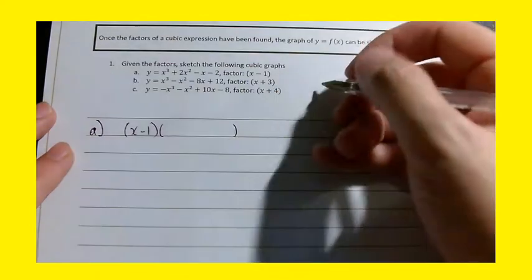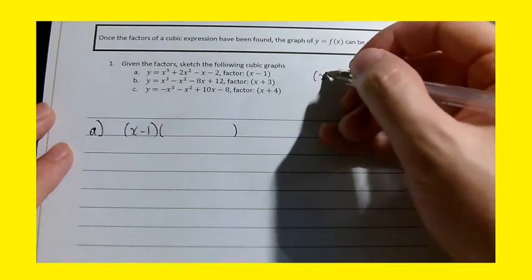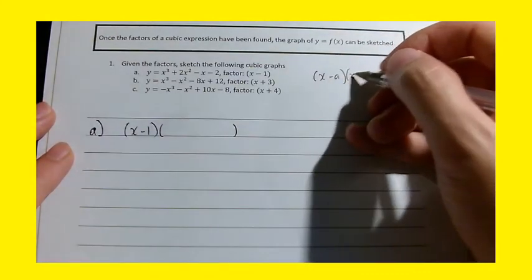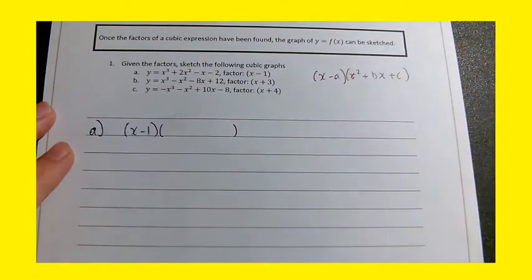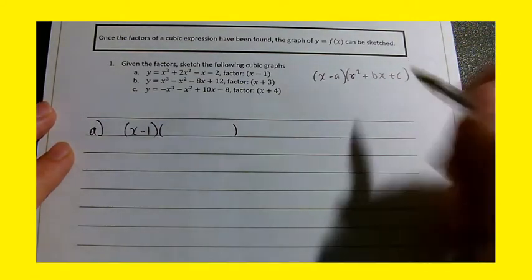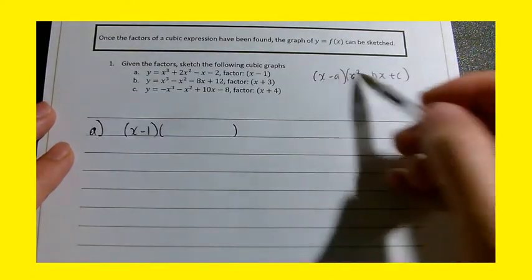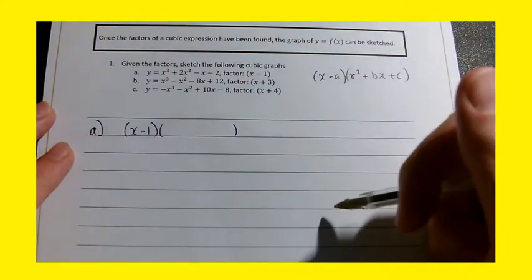It basically comes from the fact that if I've got a linear factor, then to make a cubic I need a quadratic factor as well. So it will come from me looking at my linear factor and trying to make the quadratic factor by thinking about what the expanded expression will look like.